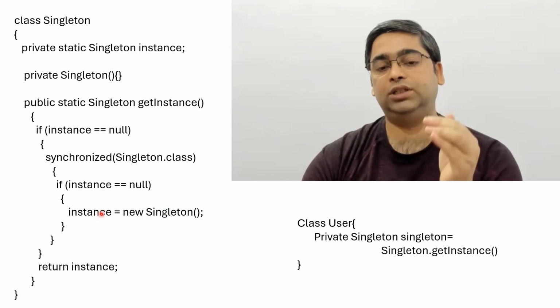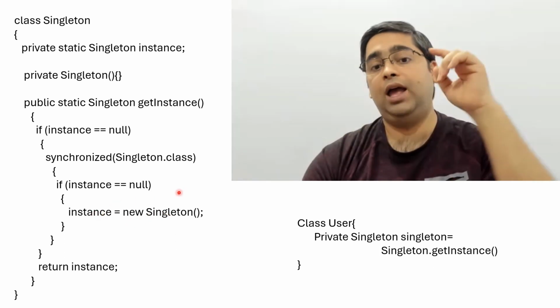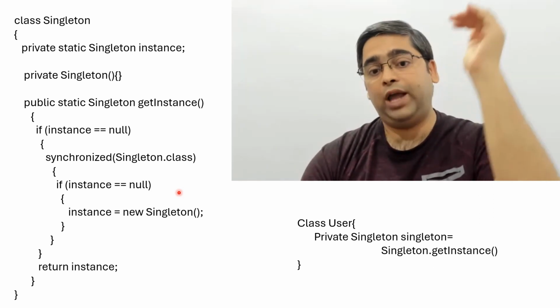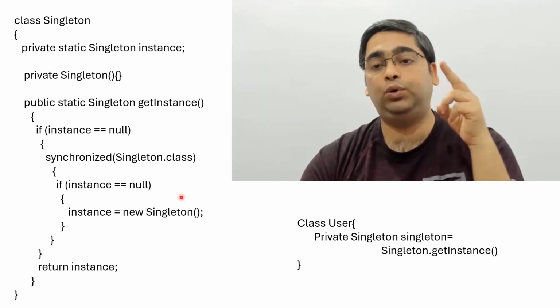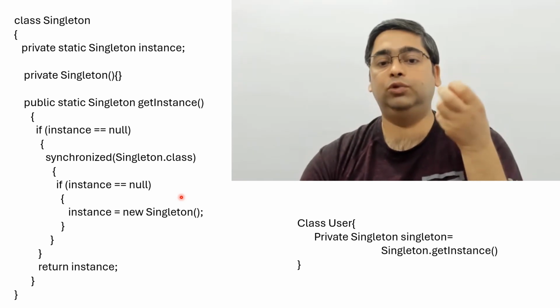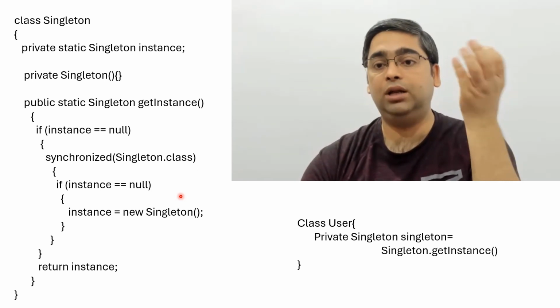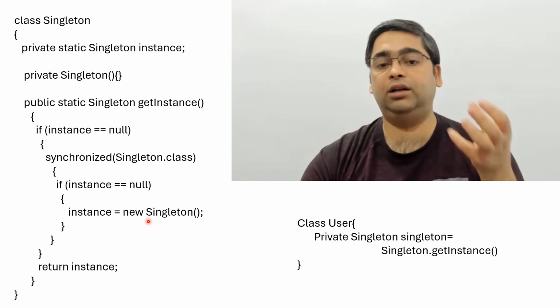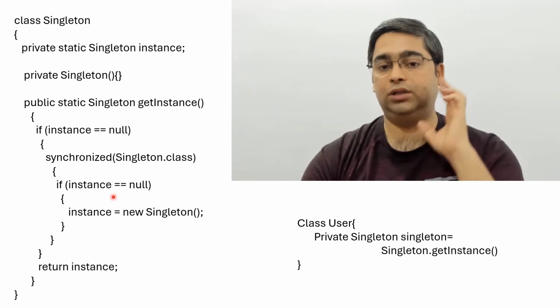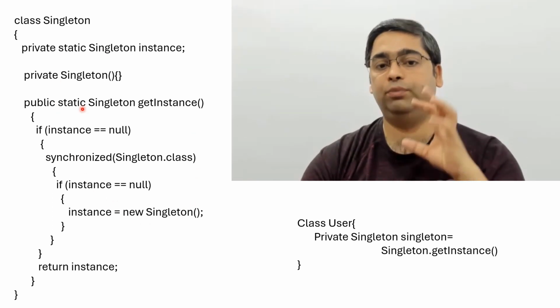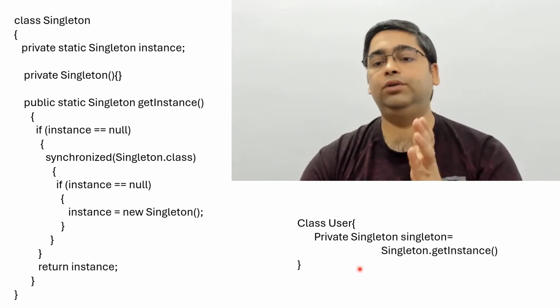So now this instance will point to a different object, and the previous thread would actually still be pointing to the older singleton object. So now we have two, or if there are multiple threads, then multiple singleton objects created in our system, which we do not want. We want to prevent that. So the double check is required. This is how you make a class singleton. How will you use it? It's simple.